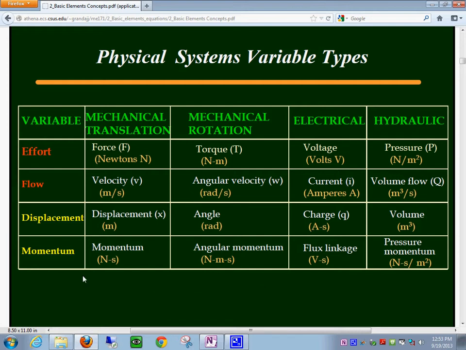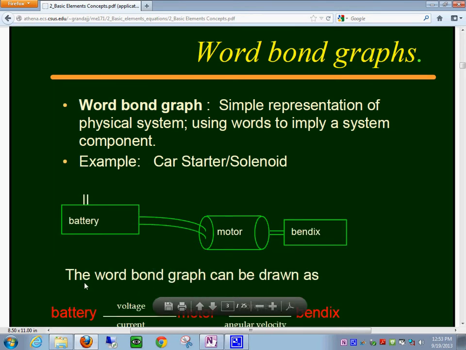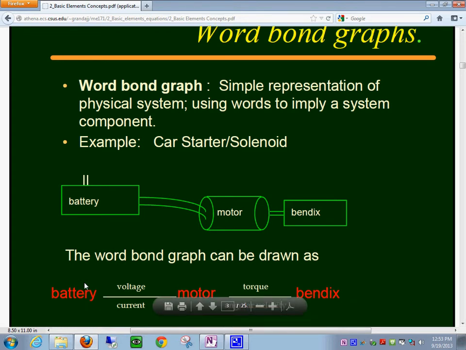Okay. Now we have the idea of a word bond graph. This is an interesting concept because it illustrates how easy this technique is and how close to reality it is. In this case, you have three elements of a system, three components, you could say.